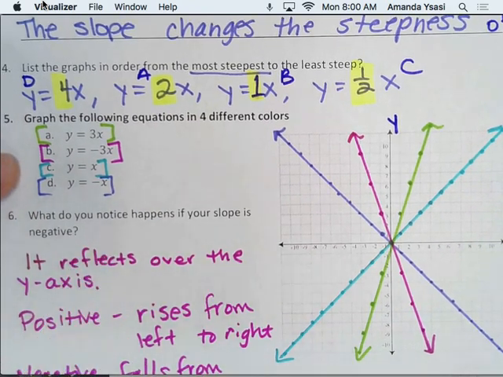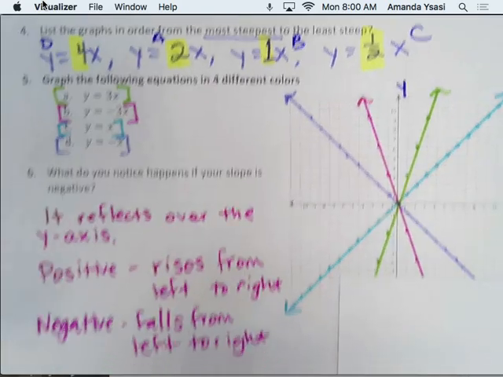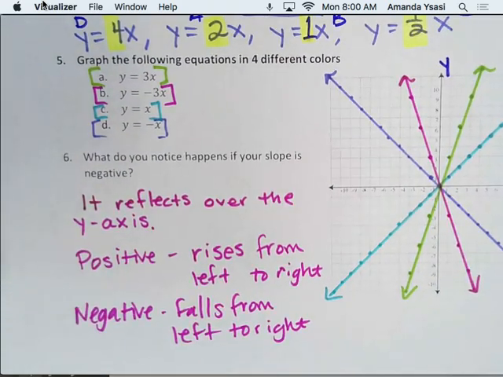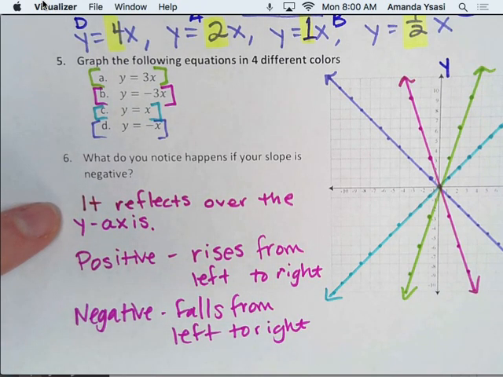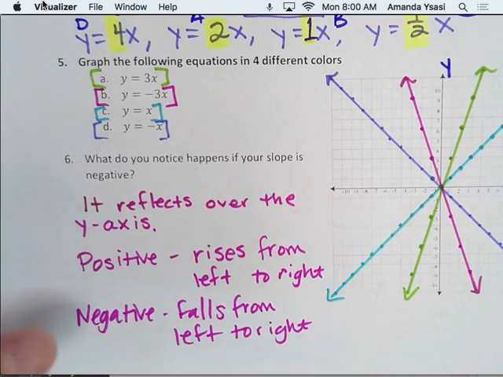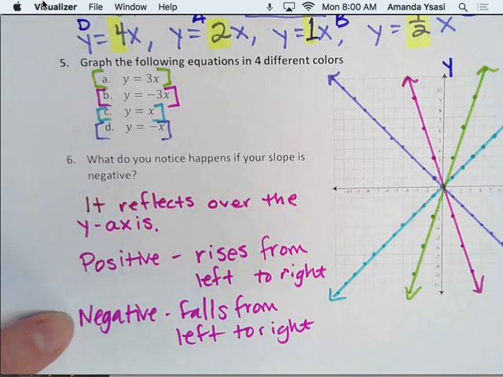So what do you notice happens if your slope is negative? It goes from left to right and it falls instead of rising. Yep. So it reflects over the y-axis. If it's positive, it rises from left to right. If it's negative, it falls from left to right.